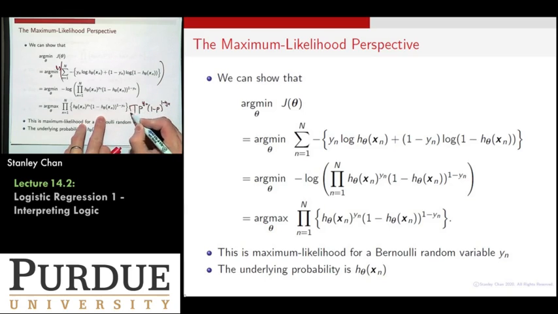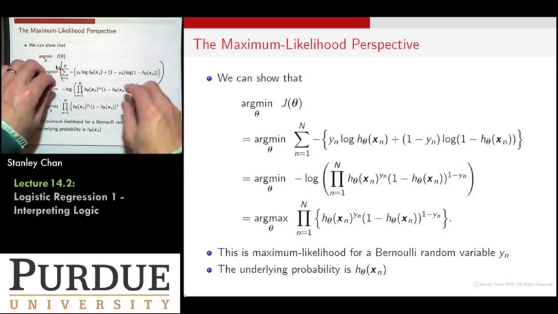If you take the product of n going from 1 to N, that will define the likelihood function of a Bernoulli random variable. Because you flip a coin, you either get 1 or 0. If you get a 1 here, you have a probability p. If you get a tail, you get this part, so you get 1 minus p. That is the likelihood function of a Bernoulli random variable.